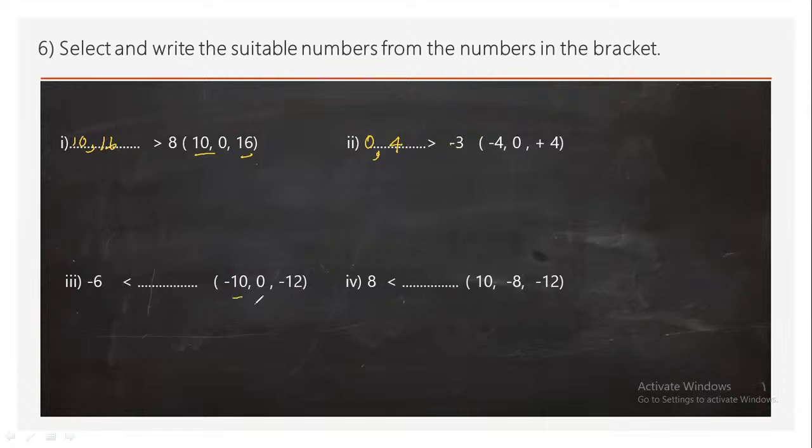Minus 10 and minus 12 are both less. Then only 0. Here 8. Less than which number? So you have to write 10. 10 is greater than minus 8. Minus 3 is less than 0 and plus 4. And 10 and 16 greater than 8. Minus 6 is less than 0.